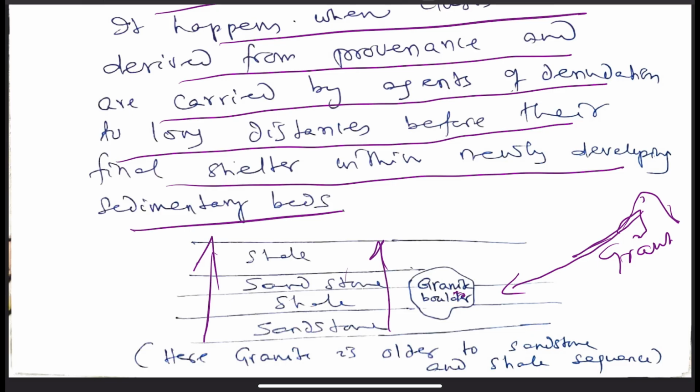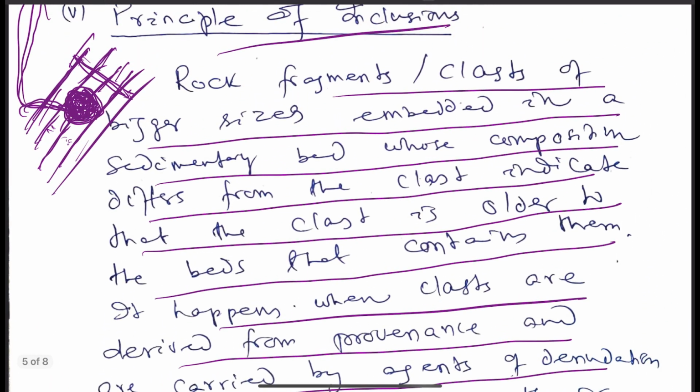So we can say this is older. This is always older to the sedimentary sequence. Here granite is older to the sandstone and shale sequence because it was existing previously in its provenance, a long distance away from the site of deposition where the rock layers are in the process of formation.